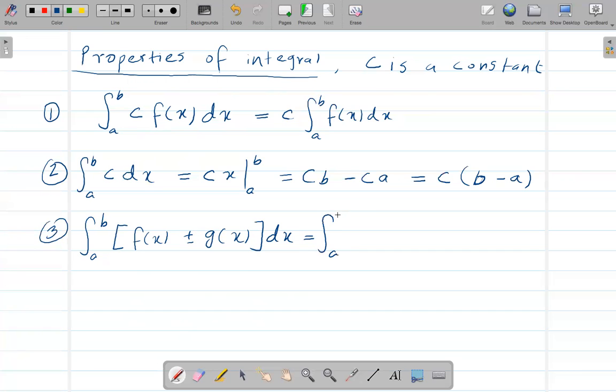So it will be the same as the integration from a to b of f of x dx, plus or minus the integration from a to b of g of x dx.